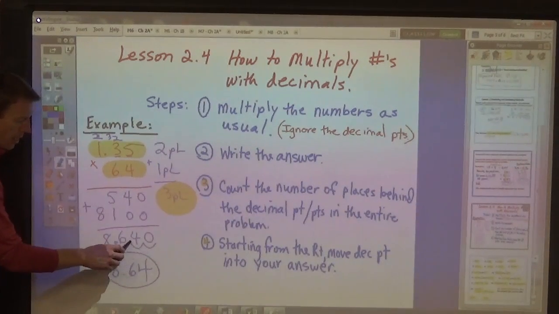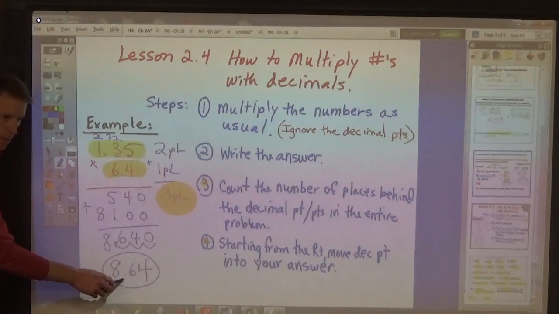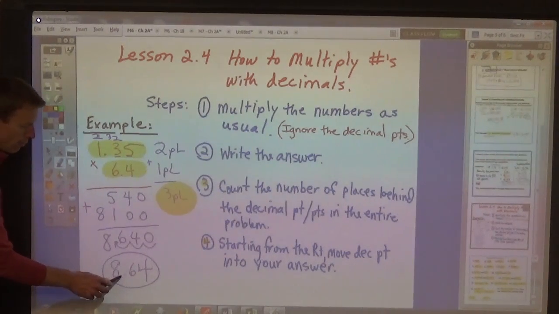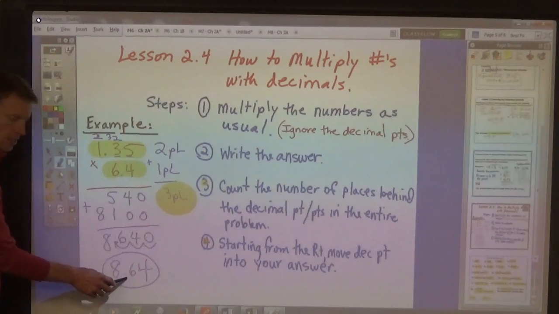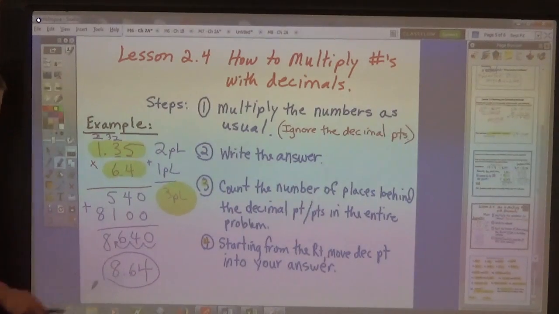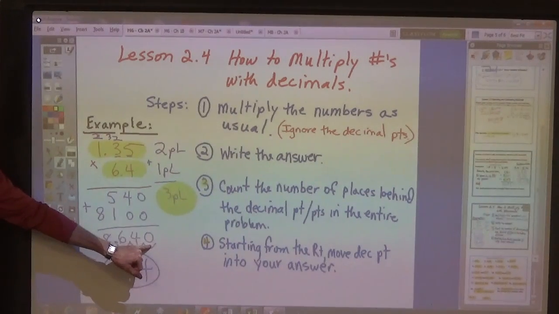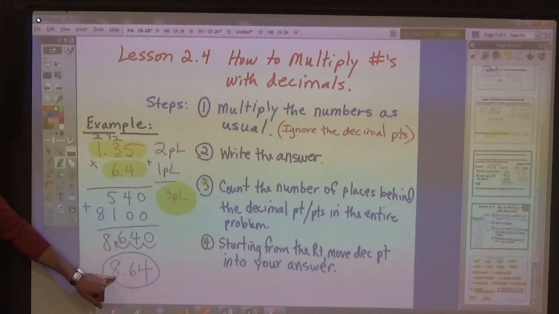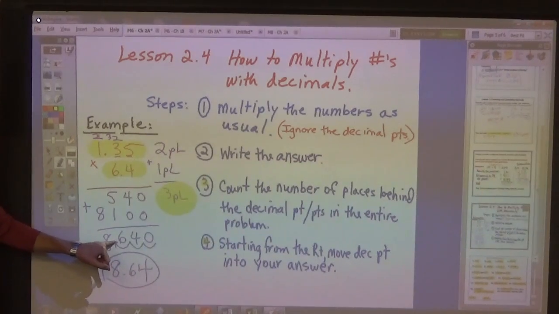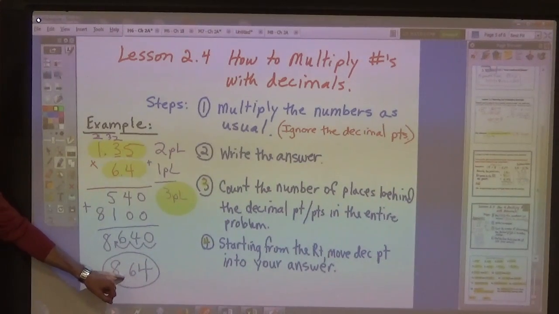So you move in 3 places and put the decimal point. You have to rewrite the answer with the decimal point in the right place and circle it. So 8.640, we know that the decimal point goes here, so you write 8.64.